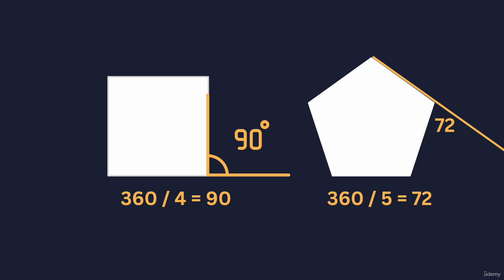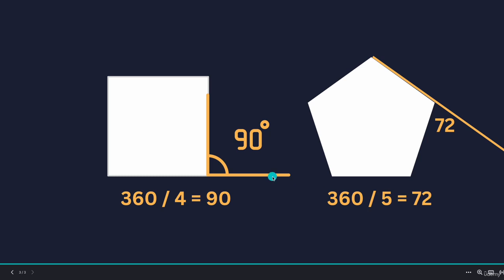If you think about it, a full round in all of these shapes is basically 360 degrees, right? So if you look at how many sides we have in each shape and divide 360 by it, we're going to get the angle that we need. For example, in a pentagon, we divide 360 by 5, we get a 72 degree angle.